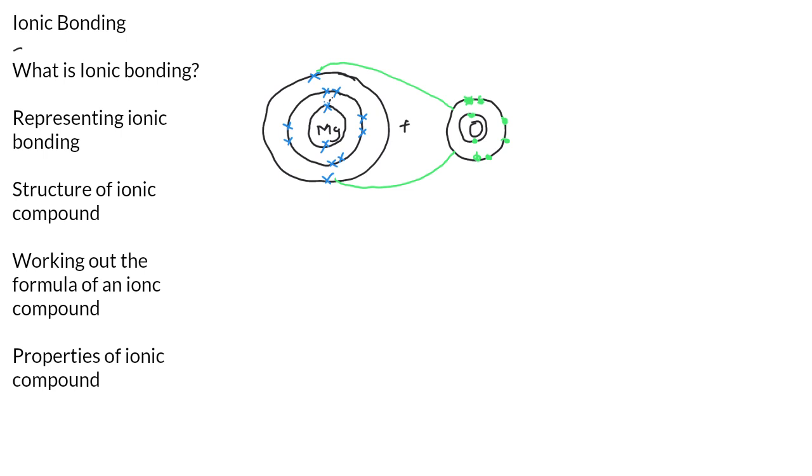Now, what will happen is that magnesium will become more stable, right? And oxygen also will become more stable, so that when we draw the same structure again, you're going to have something that looks like this. Just draw the shell.